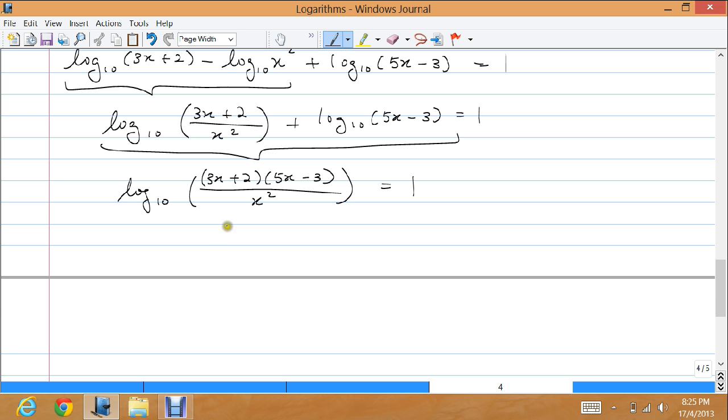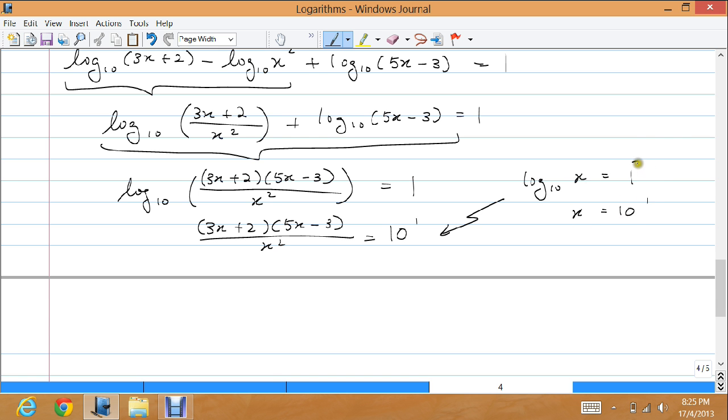So this implies that I have 3x plus 2 times 5x minus 3 over x squared equals 10 to the power 1. Think of it as, for example, if I have log base 10 of x is 1, x must be equal to 10 to the power 1, right? Because 1 is the power when rewritten as a power of 10.